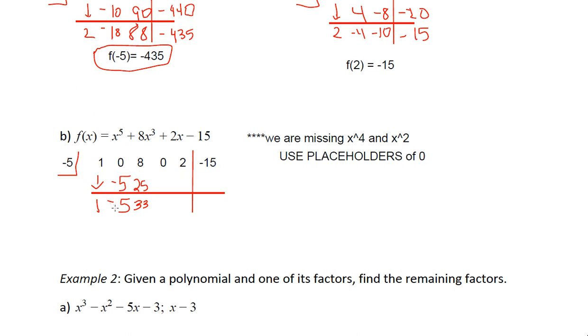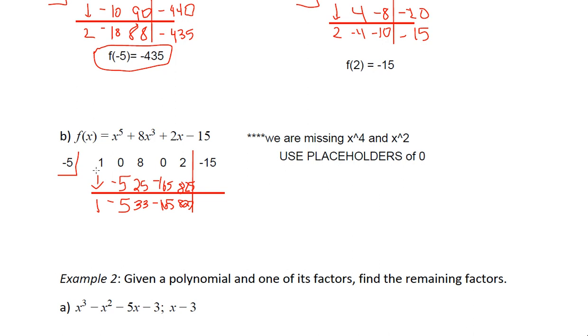Negative 5 times 33, oh dear, we're getting small here, negative 165, which when I add to 0 is just negative 165. Negative 5 times negative 165 will give me positive 825. So then this will be 827.